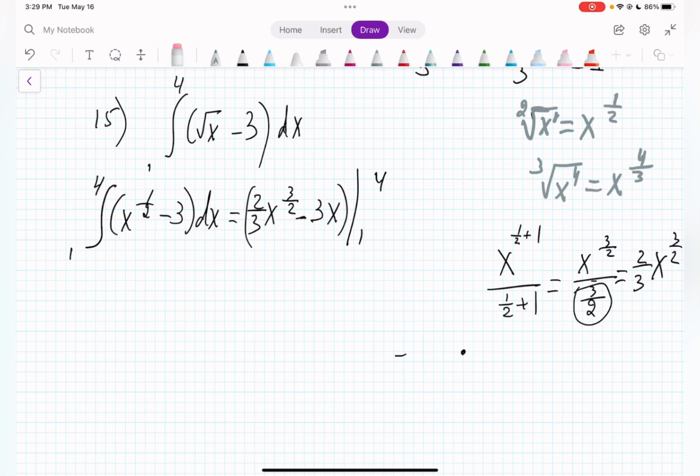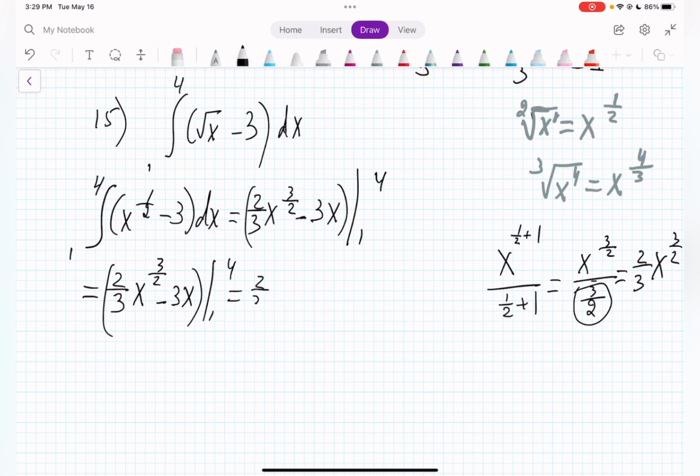Let's plug in. First we're going to plug in 4, and we are getting 2 over 3 x to 3 over 2 minus 3x, from 1 to 4.